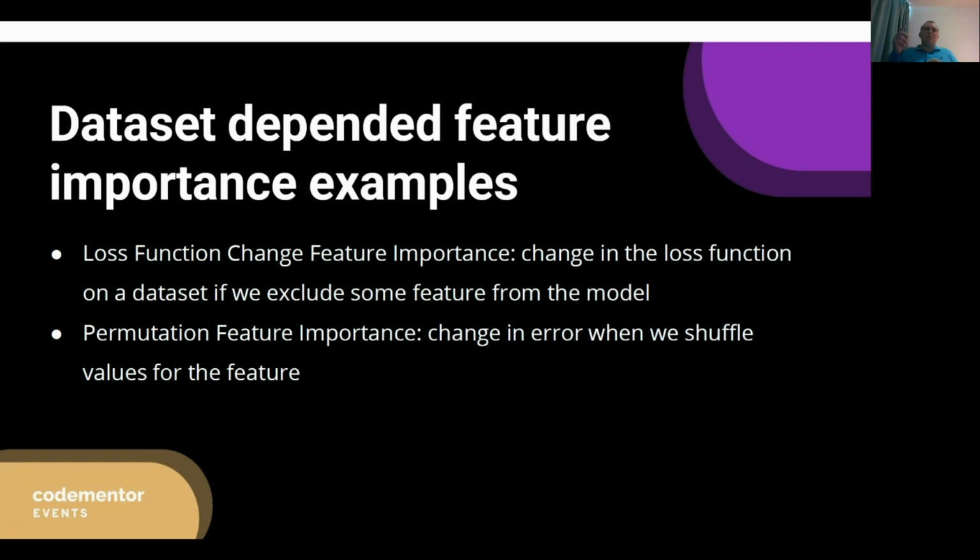For instance, the value of this particular feature from case 1 we replace with the value of this feature from case 21, etc. So if this feature was not important in our dataset, the error will stay the same. But if this feature was important, it can change the error very significantly.